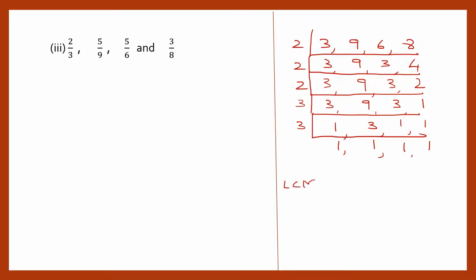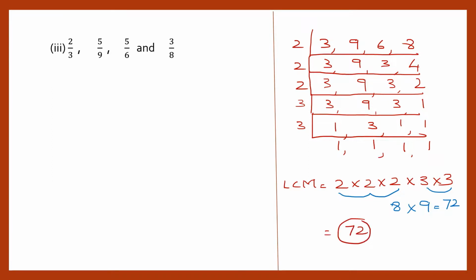LCM: 2 into 2 into 2 into 3 into 3. So 2 2s are 4, 4 2s are 8 into 3 3s are 9. 8 9s are 72. So the LCM is 72.